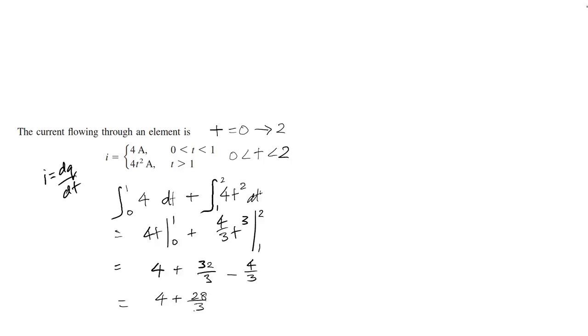We put this in the calculator, and we get 40 over 3, which is also 13.3 repeating. That is the amount of charge flowing past that point from 0 to 2 seconds, and so this should be in coulombs.